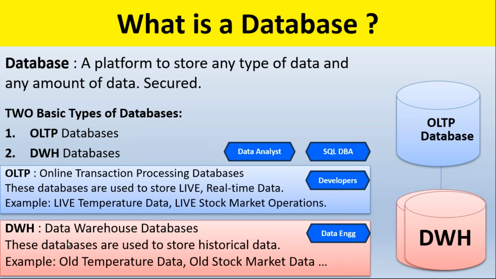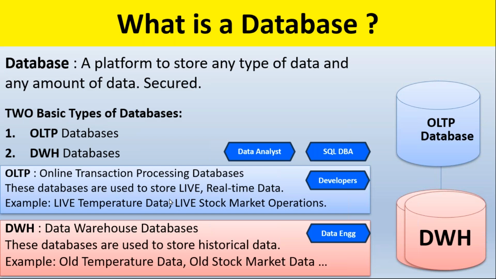We also have something called data warehouse. Data warehouse databases are used to store historical data, like old temperature data, old stock market activities, old bank transactional data, anything old. Data engineers are responsible to design data warehouse databases.